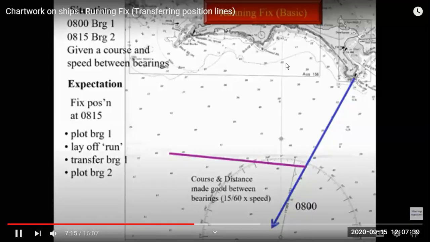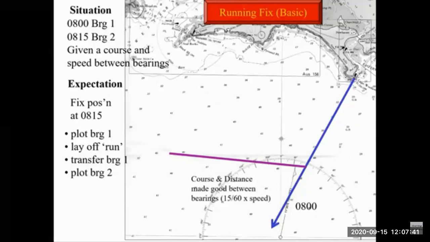Suppose the speed is 15 knots. Whatever the speed is, we divide it by 60 and multiply by 15 for 15 minutes. We assume a point, and from there we draw the course and distance.